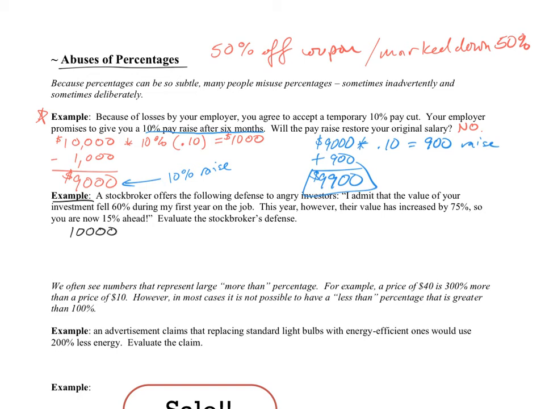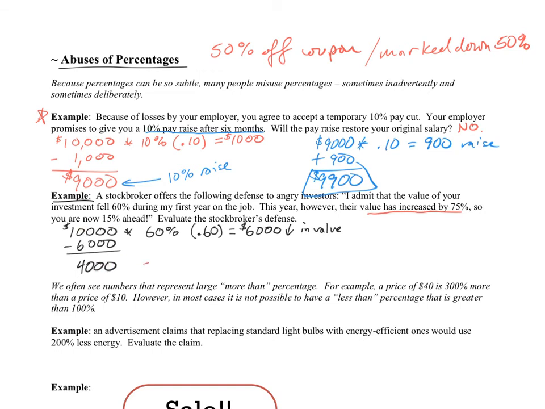Well, again, if you start out with $10,000, and you multiply by 60%, aka 0.60, you will get a $6,000 decrease in the value. So we will subtract $6,000, and then we will be left with $4,000. But then later on, the value increased by 75%, but not of your original, of the 4,000.